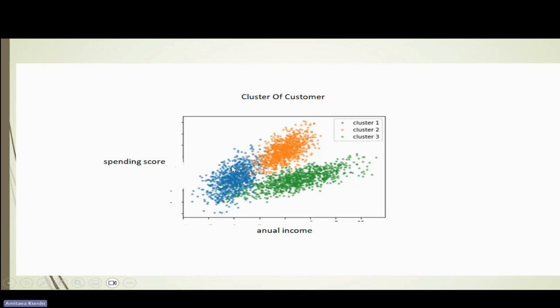These are the category of the customer whose annual income is less, but the spending score is high, right? Whereas these are the category of the customer, you can see they have a medium annual income, but they have very high spending score.